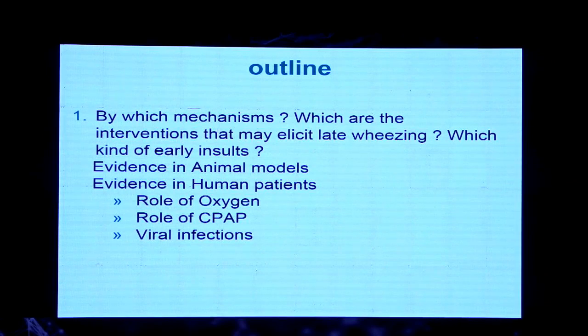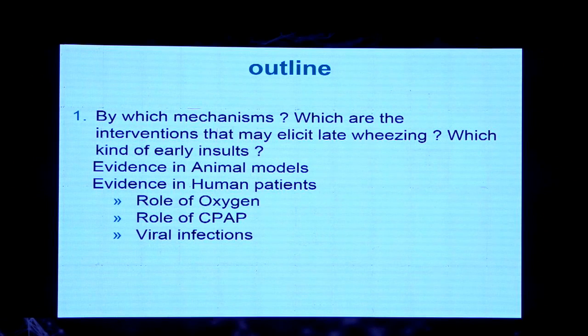So the point is now to understand which mechanisms underlie these disorders, and I will show you some hints about animal models and about some intriguing hypotheses explaining why this phenomenon occurs.